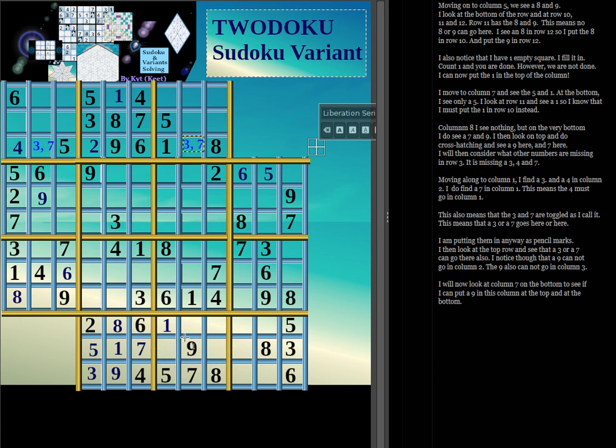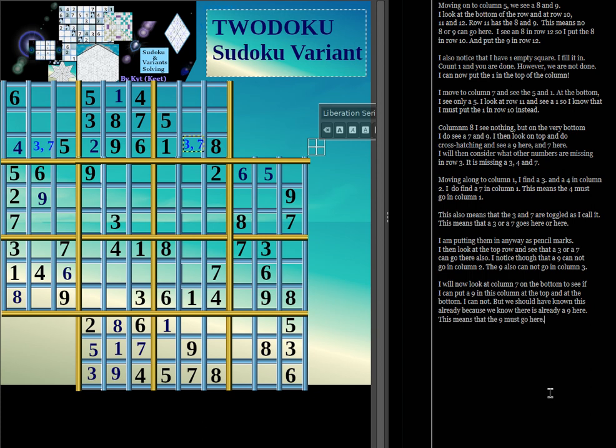And at the top and bottom, I cannot. But we should have known this already because we know there is already a 9 here. This means that the 9 must go here.